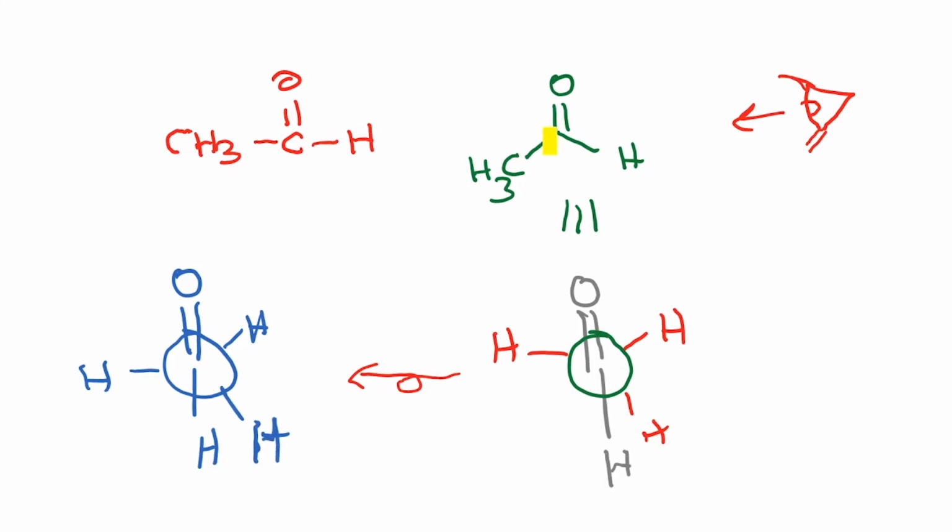Just to repeat, this is the carbon-carbon bond, and if we look at it from here, the front carbon is C double bond O H, which I'm showing over here, and the back carbon is the CH3, which is shown here. Okay, so you need to start getting familiar with this kind of notation.